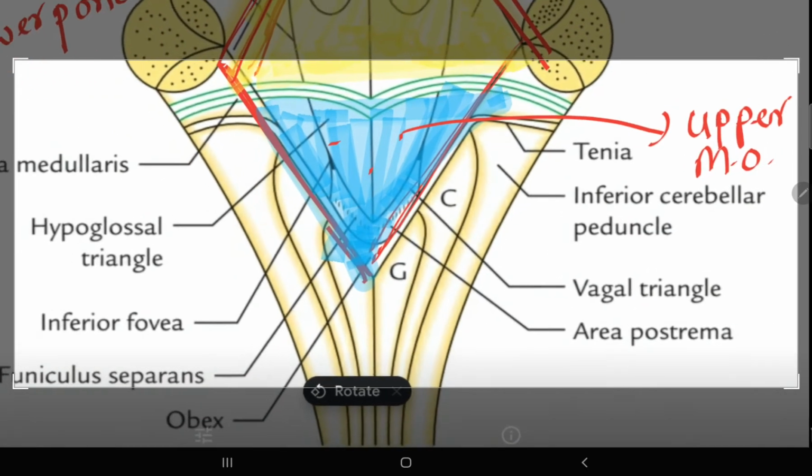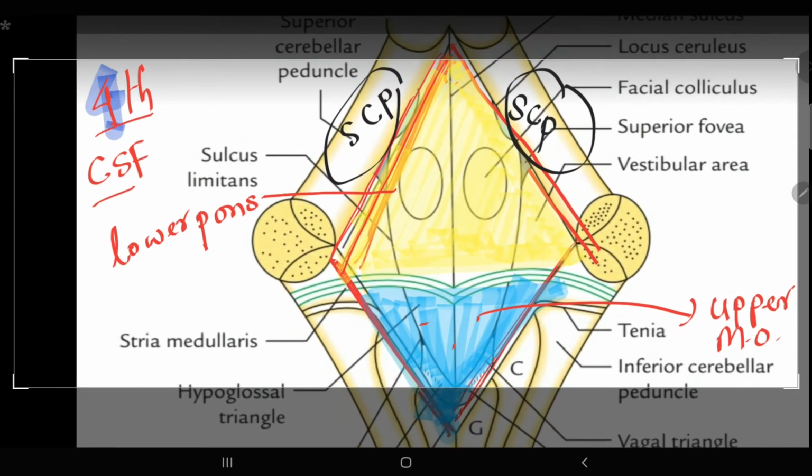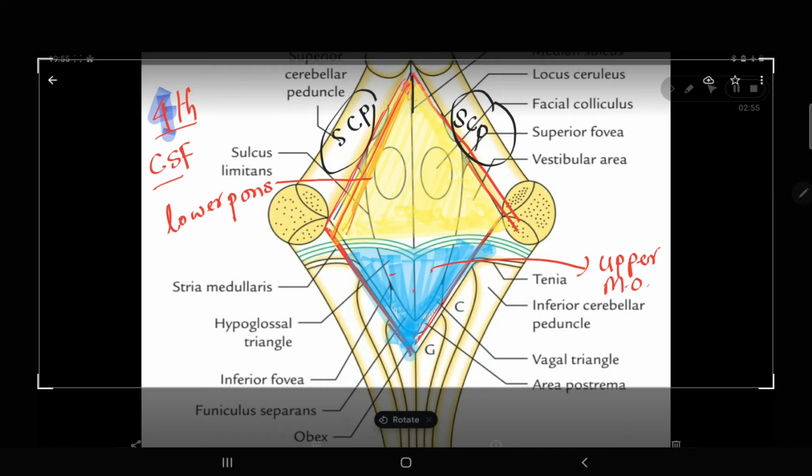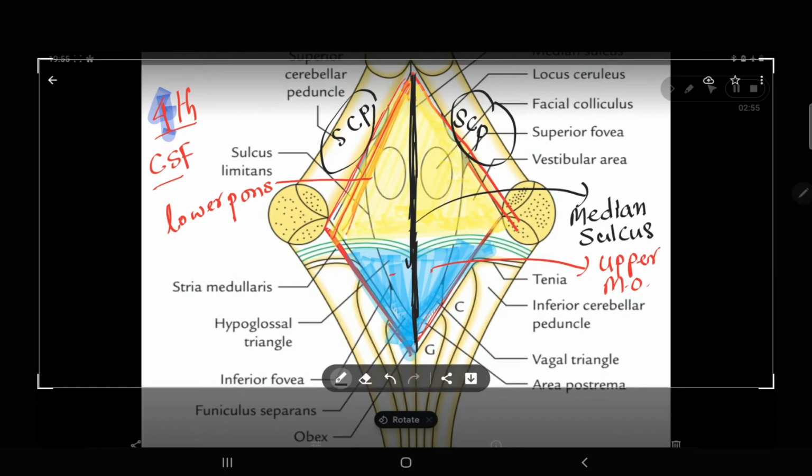Now you can see one midline. This one I am marking with black. This midline sulcus, medially located, is called your median sulcus. I am writing median sulcus. In this diagram we are discussing the floor of the fourth ventricle.